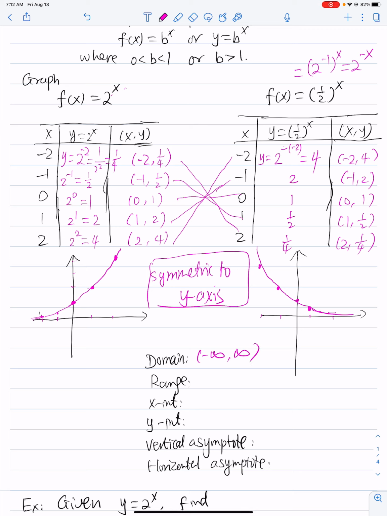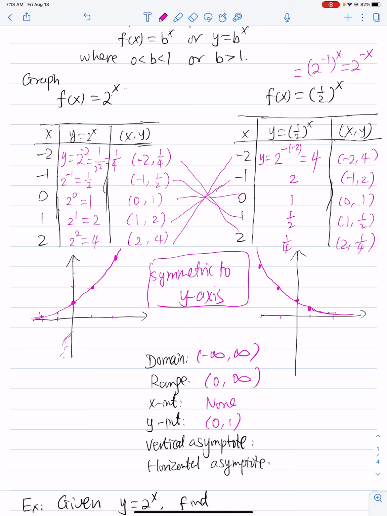What does range mean? Range is the smallest y value. Could it be down here? No. So it is 0 to infinity, because it will be very, very close but not touch. What is the x-intercept? Do we have any? No. What is the y-intercept? 0, 1.